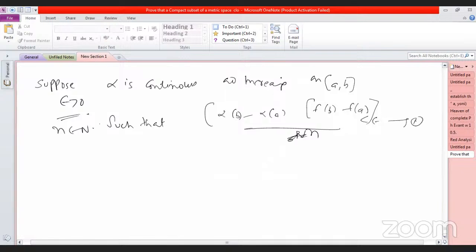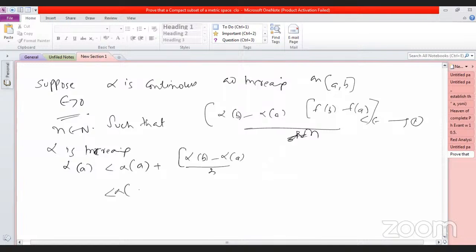So alpha is increasing. How is alpha increasing? Therefore, alpha a plus alpha b minus alpha a by n is greater than alpha a.